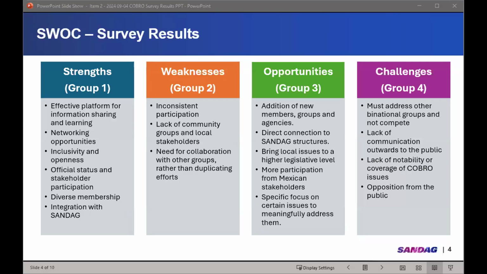Correct me if I'm wrong, but in the past, did we get a large number of folks from the public attending our COBRO meetings, or maybe it was more like lower numbers? In the time that I've been here supporting COBRO, I've seen the additional chairs in the room fill up depending on what's on the agenda.